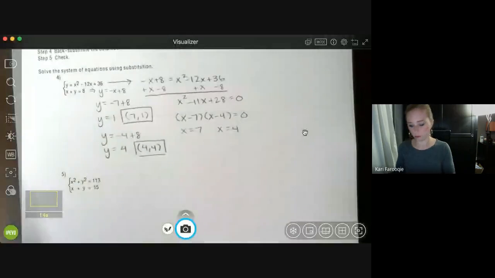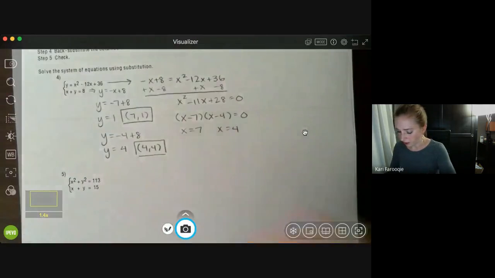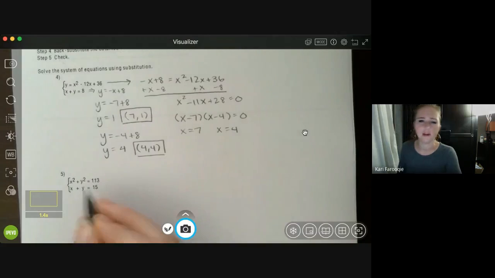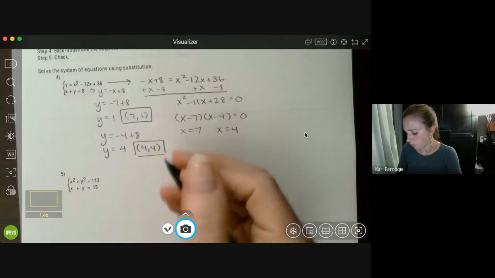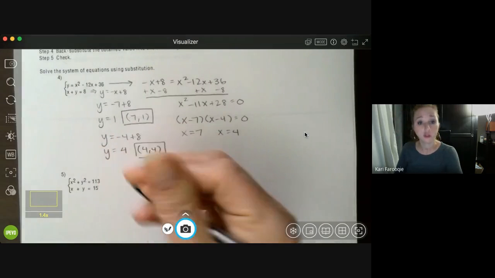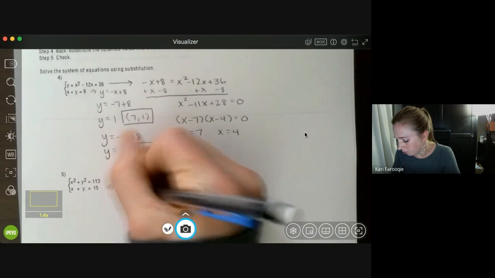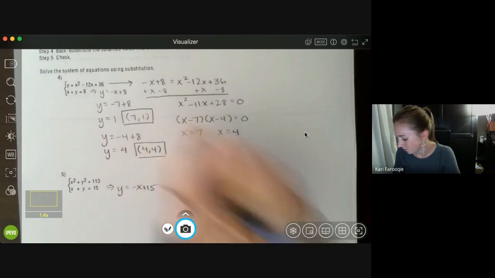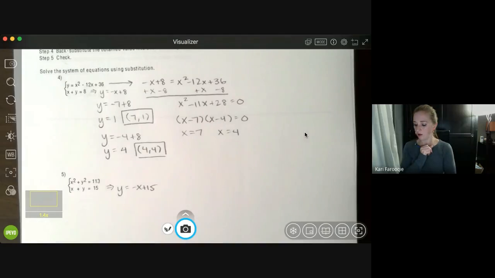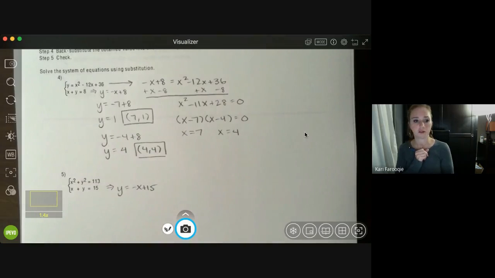So let's take a look here and see what happens when we use substitution. And I always solve for y. You can technically solve for x if you want to. I just feel like, in general, I like to solve for y. Y equals negative x plus 15.